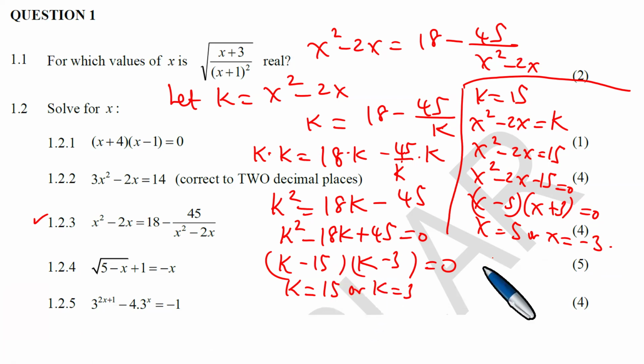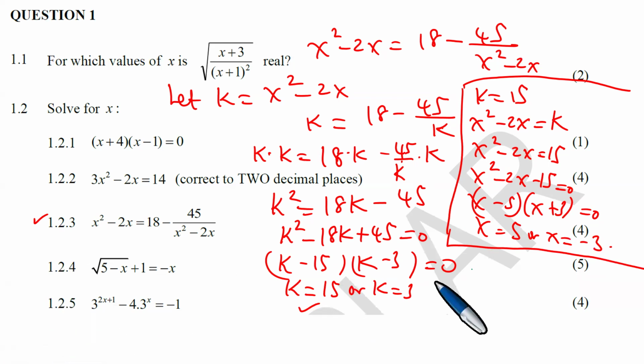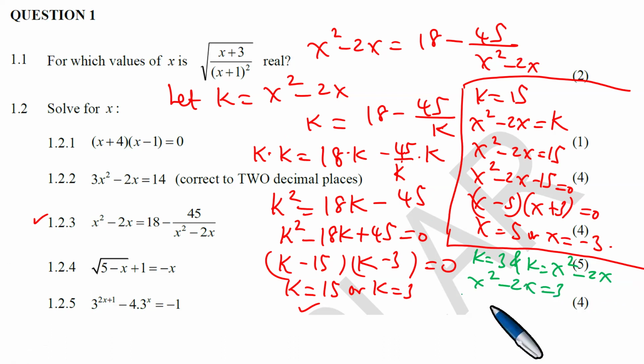After having obtained this, we proceed to look at the other case because there are two values of k. The other value of k occurs when k equals 3. And k is x squared minus 2x, which means x squared minus 2x equals 3, and it is x squared minus 2x minus 3 equals 0, which means x minus 3, x plus 1 equals 0.